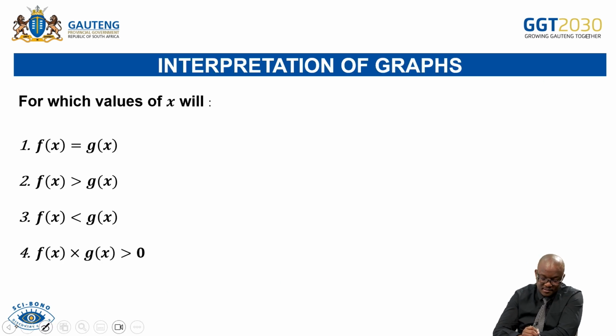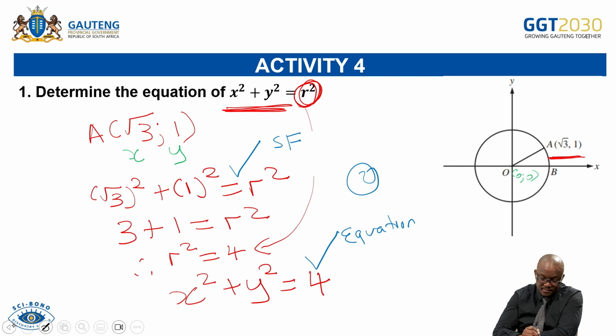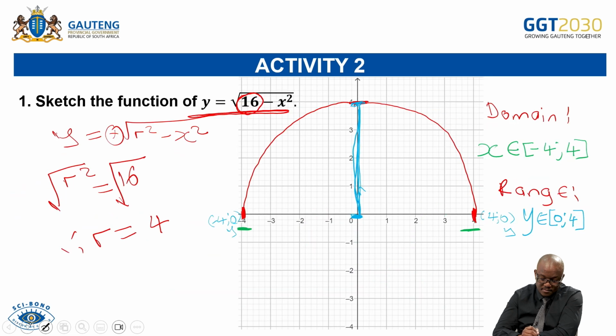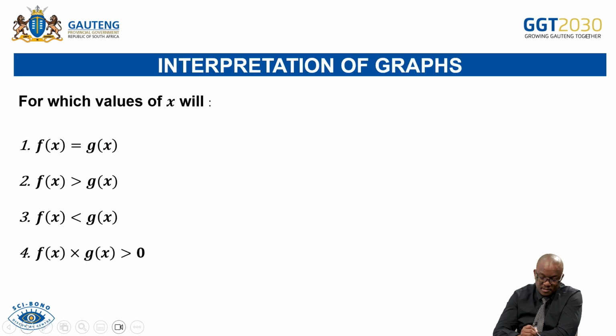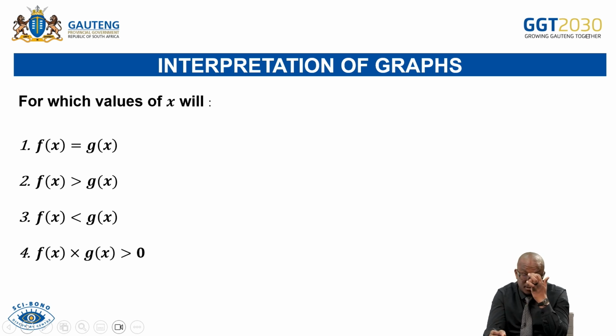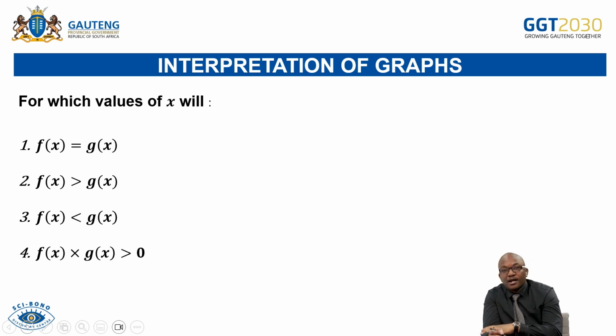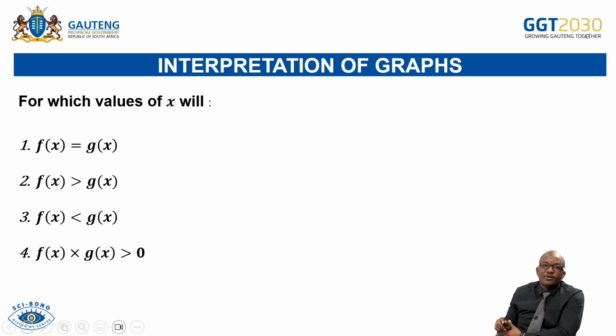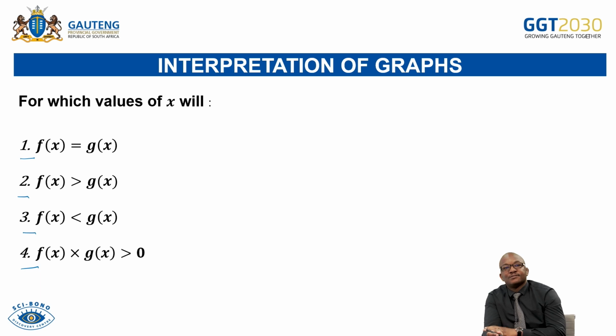Let's look at the interpretation of graphs. So, good people, when you interpret the graphs, in each and every question paper on graphs, you are going to find some questions that have the following symbols.